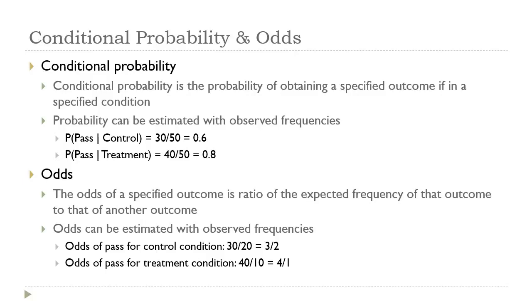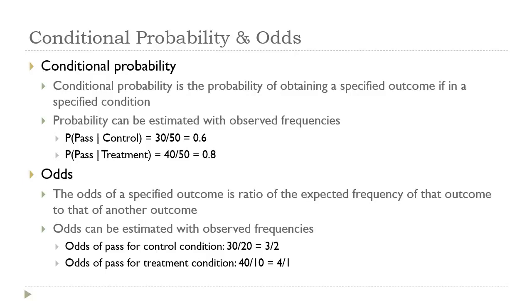People who work with categorical response variables get so used to odds that they can think of them as easily as they can think of proportions. The odds of a specified outcome is the ratio of the expected frequency of that outcome to that of another outcome, and these can be estimated with observed frequencies.